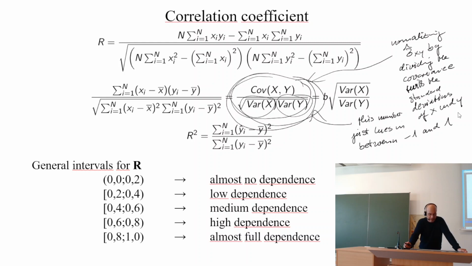And then this correlation coefficient, or the square of this correlation coefficient, has also a very nice interpretation, because it is directly related, and you see here y hat, to our regression line that you see here.